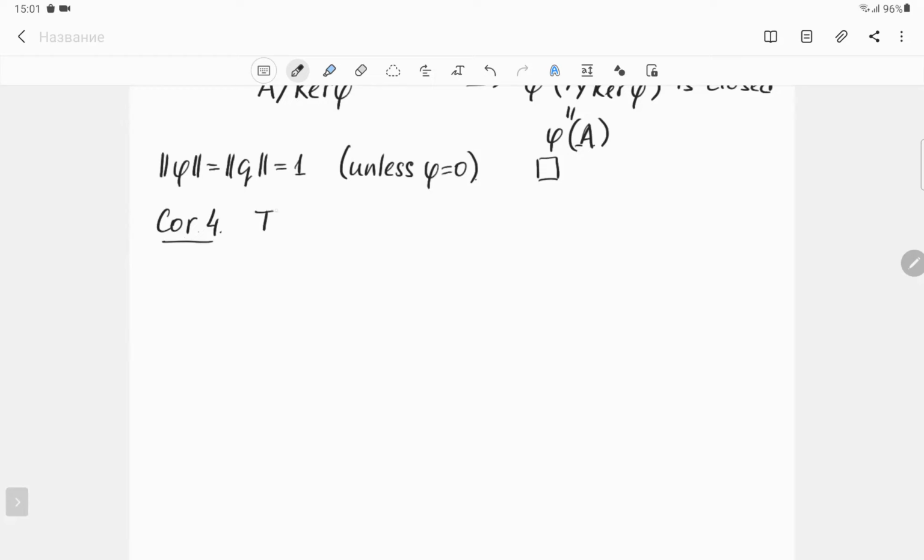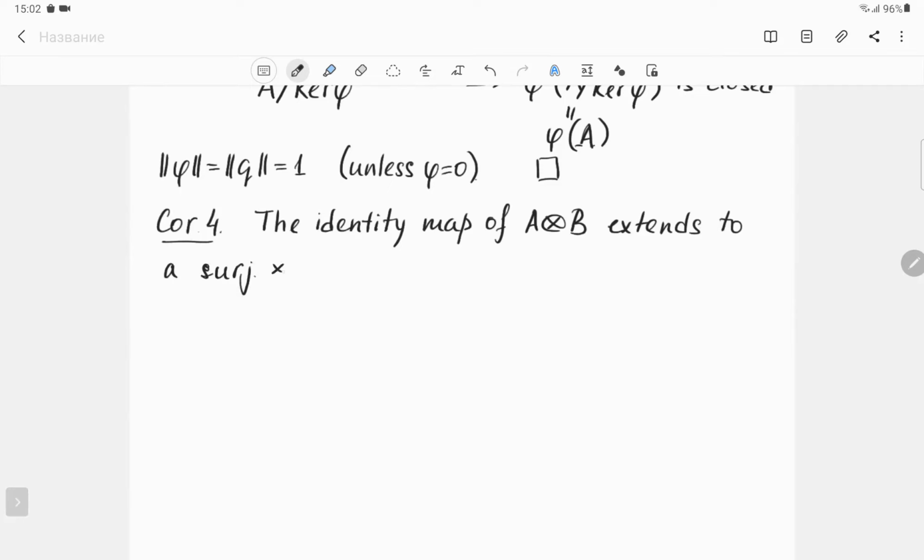I claim that if you take the identity map of the algebraic tensor product, then this map extends to a surjective star homomorphism from the maximal tensor product of A and B onto the minimal or the spatial tensor product of A and B.